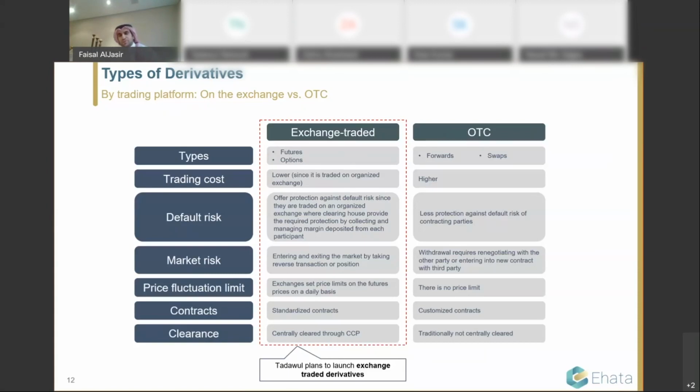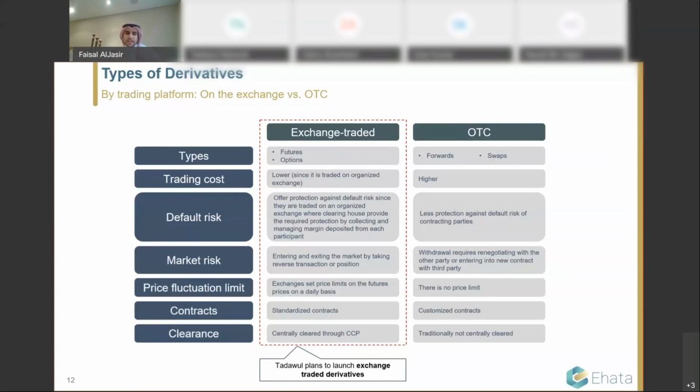In the OTC, you get less protection against default risk. Although in OTC the default risk is mainly managed bilaterally between the parties, and you normally find it governed by certain documents such as the one from the International Swaps and Derivatives Association, called the ISDA.